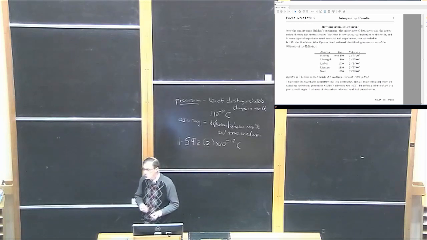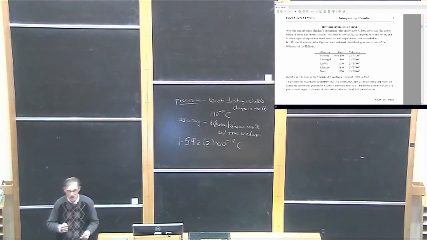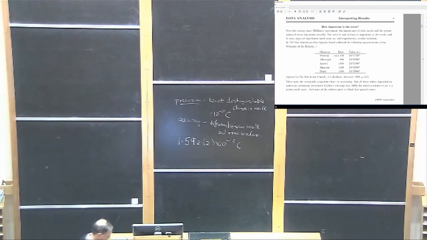And in two cases, it's actually far more important than the actual result. The first of these is what's known as a null experiment.